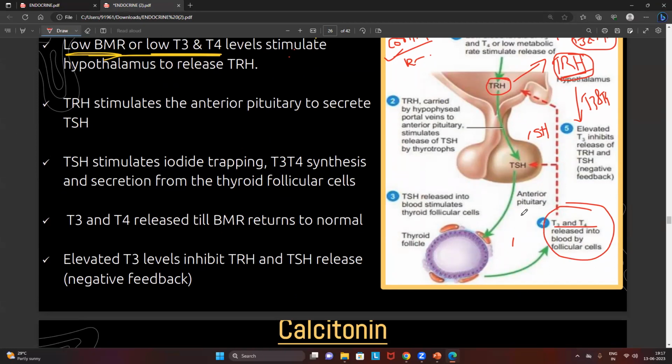If you don't regulate, the levels of T3 and T4 keep increasing and get elevated. The moment they are elevated, the signal reaches the TSH in the anterior pituitary gland, and the signal reaches the TRH in the hypothalamus. Then they will control T3 and T4.